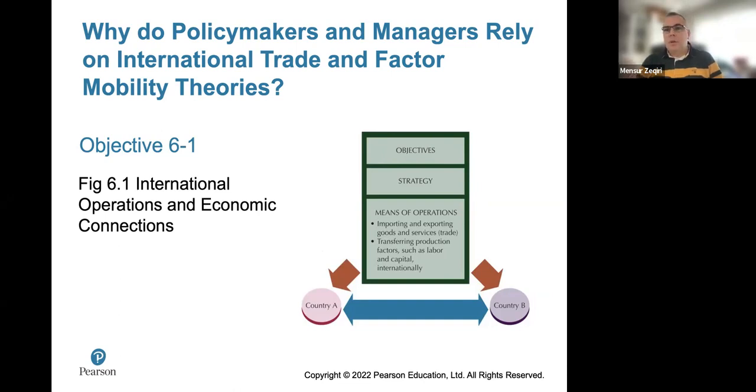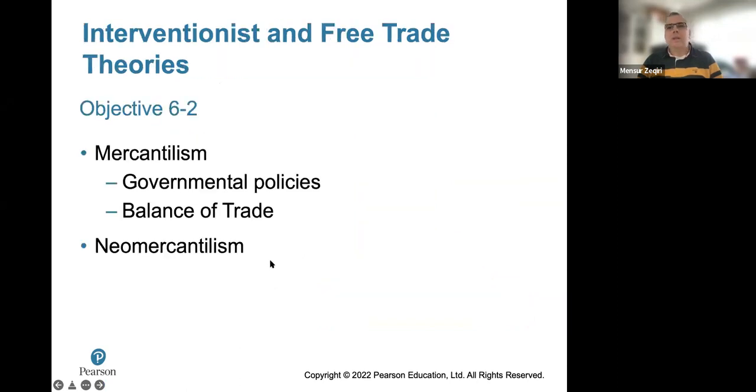So countries within the EU, for example, are more connected economically than countries that are much further away. For example, the US has much of its economic connection with Mexico and Canada, and we're going to talk later on about this, rather than other countries around the world. So this figure shows the means through which two countries are economically interconnected.